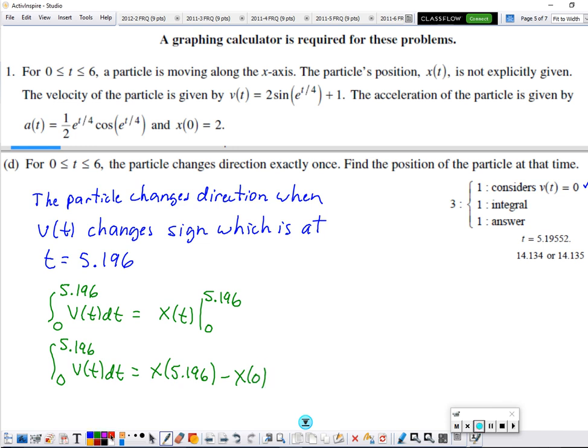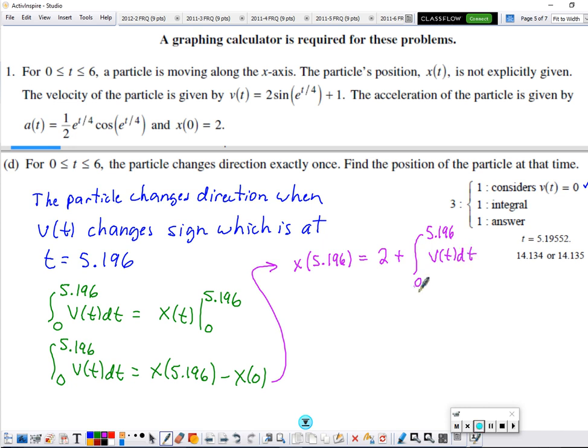Rearranging, we would end up with position at time 5.196 is going to equal x of 0, which is 2, plus the integral from 0 to 5.196 of velocity.